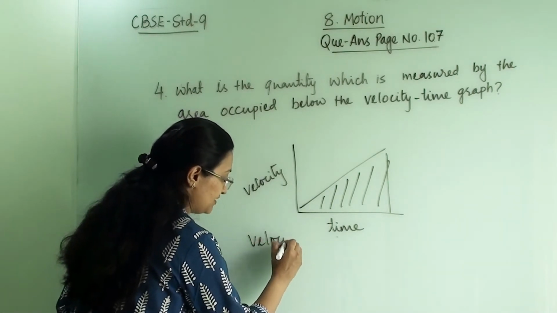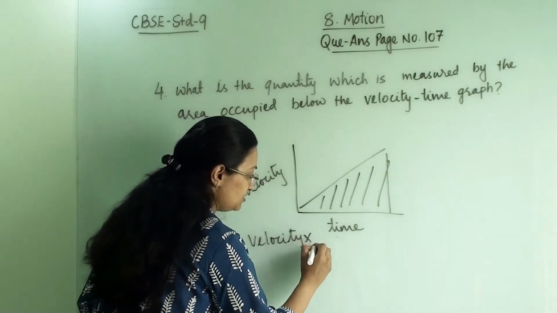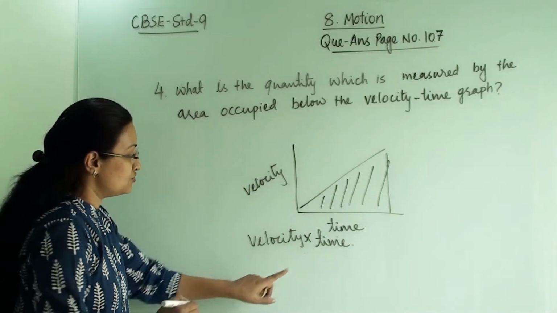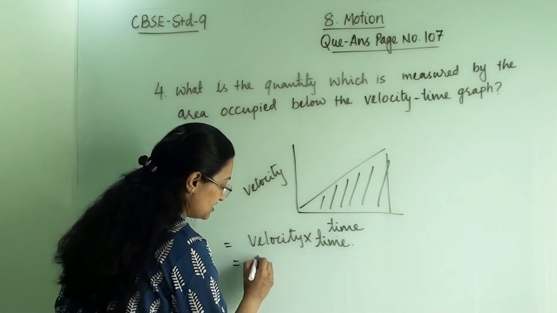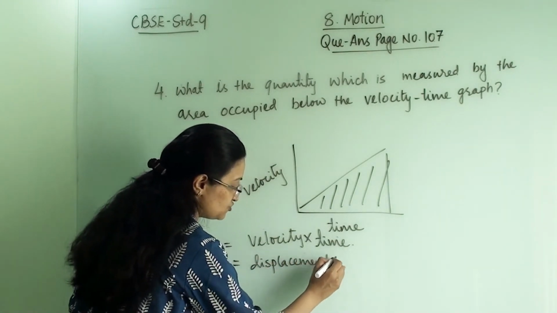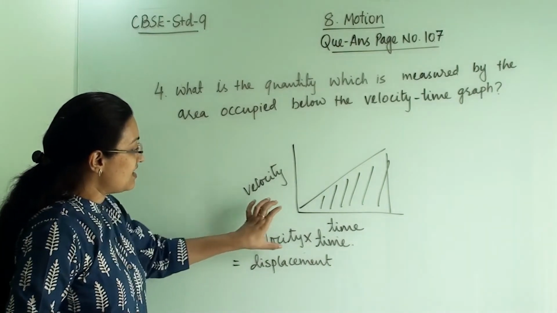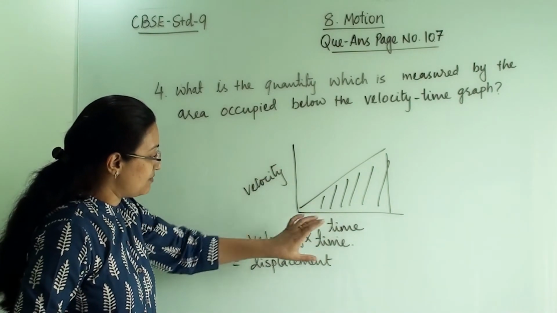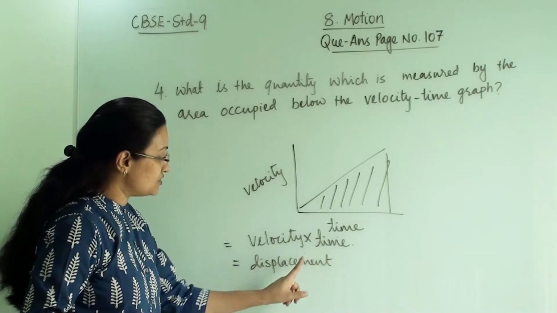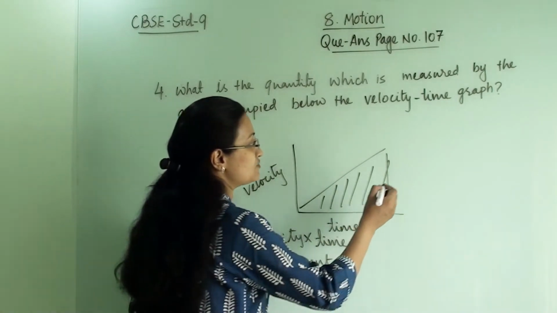So it is velocity into time. So what is velocity into time? Velocity into time is displacement. When we take the area under the velocity by time graph, it will give us velocity into time. How is it displacement?